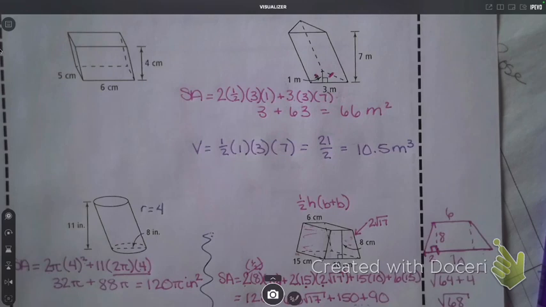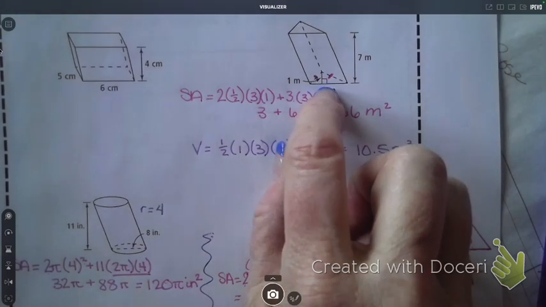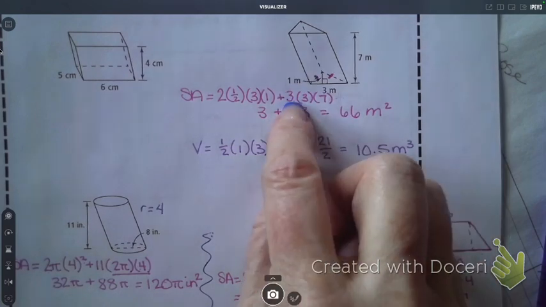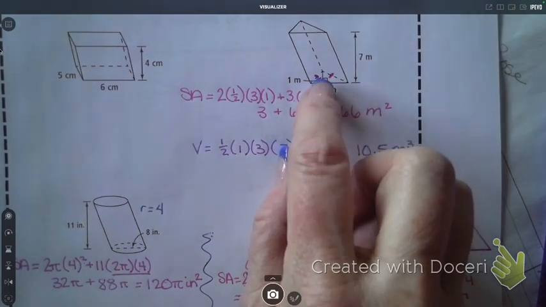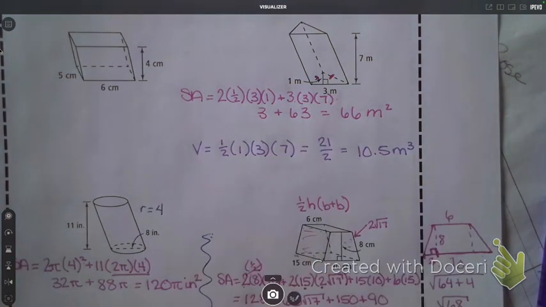How come you didn't do 1/7? One's the height of the triangle, so I told you that all these sides were congruent. That means all 3 rectangles are the same, so that's why I did 3. I'm going to tell you right now, they are not. That's impossible. That would not be a triangle. It could not be 3, 3, and 1. But I just decided to tell you that because it didn't tell you more information.